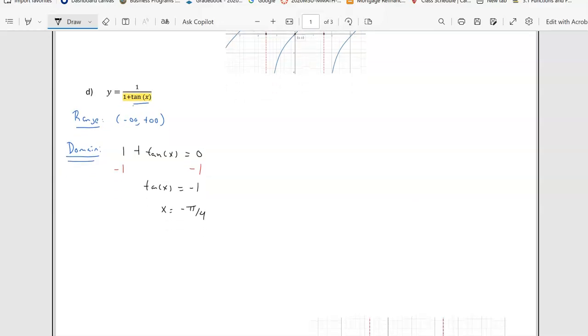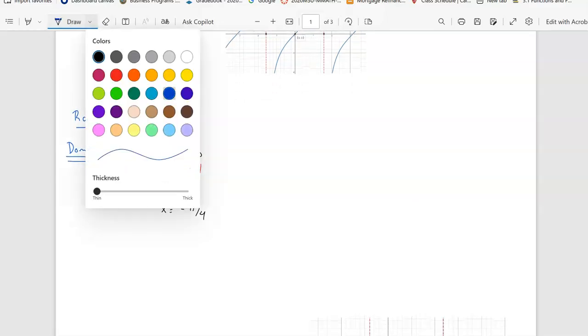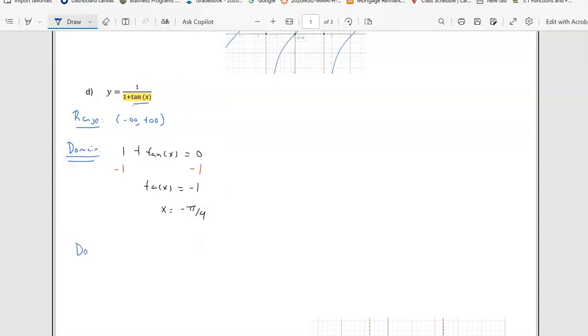So for the domain, we're looking at all real numbers except x cannot equal negative pi over 4.